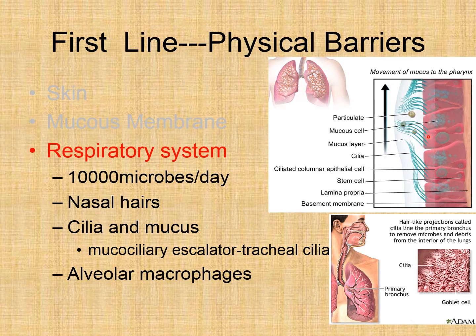If the pathogen is able to pass through the trachea and enters the lungs, there are specialized cilia there which remove the microbes and debris from the interior of the lungs, and specific macrophages called alveolar macrophages eliminate those microbes and present their antigens to the adaptive immune system.